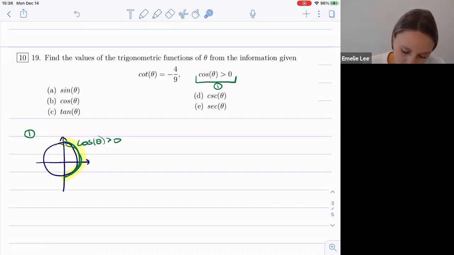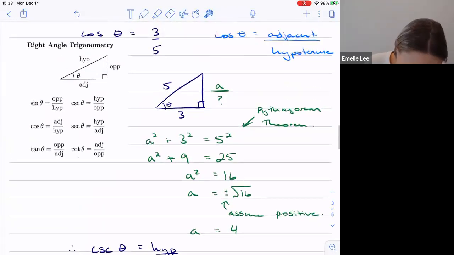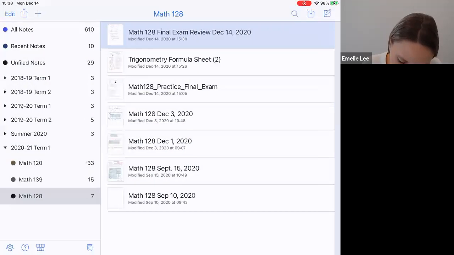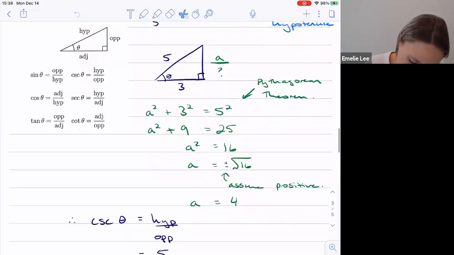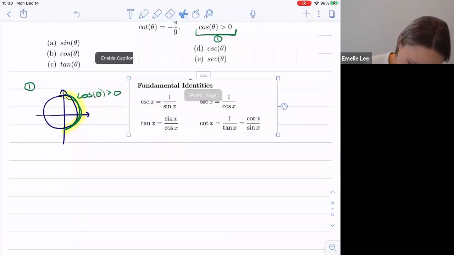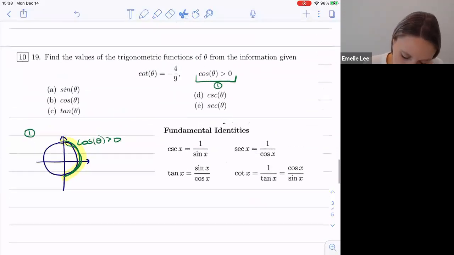Another thing that we're going to have to look at is, okay, so we have the cotangent of theta, and if we go over here, the cotangent of theta, maybe not this one specifically, go to this one here instead. Only because I'm told information in terms of cosine of theta, so cosine of theta is greater than 0.